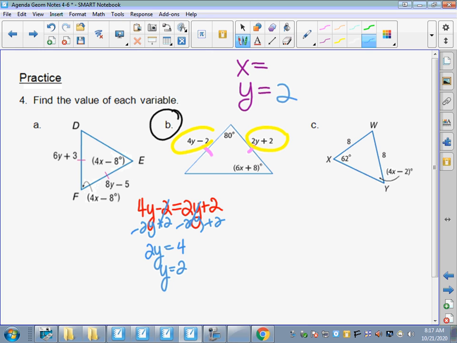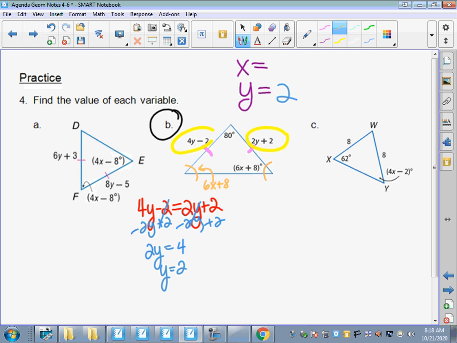The x's on letter B are an interesting one. So we do know this is isosceles, right? We know that those two legs are congruent. We can use the isosceles triangle theorem to say that these two angles are congruent. So if the base angle to the right is 6x plus 8, that means this angle right here has to be 6x plus 8.